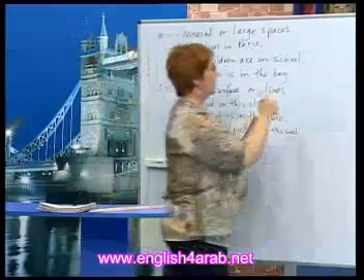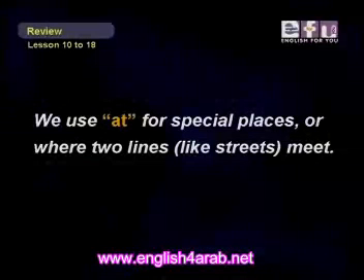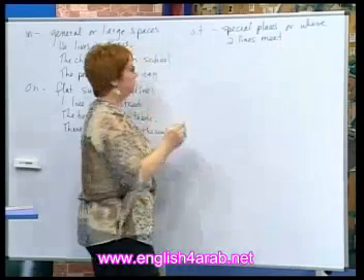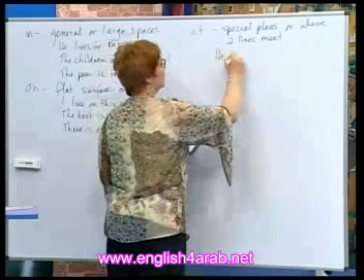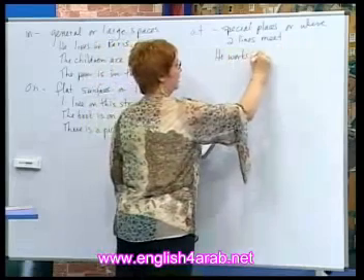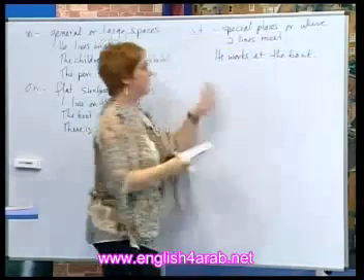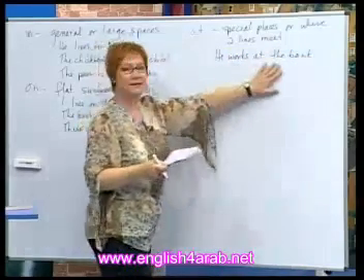Now let's talk about at. And remember that at is for special places or where two lines meet. Okay? So, for example, he works at the bank. This is a special place.